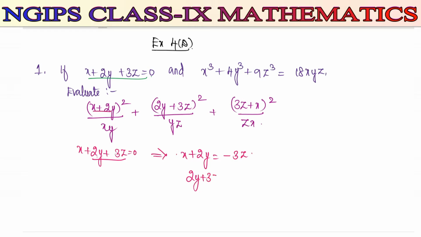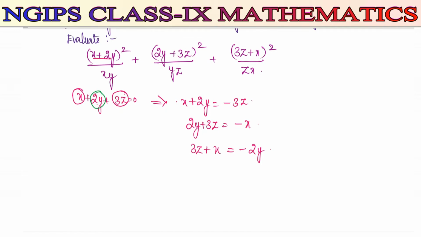When you shift this x to the opposite side, it will become minus x. Now next we have 3z plus x. So keep on the left side 3z plus x is equal to, the leftover is 2y. When you shift this plus 2y to the opposite side, you are going to get minus 2y.